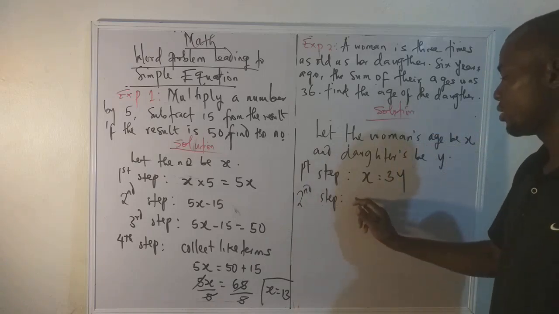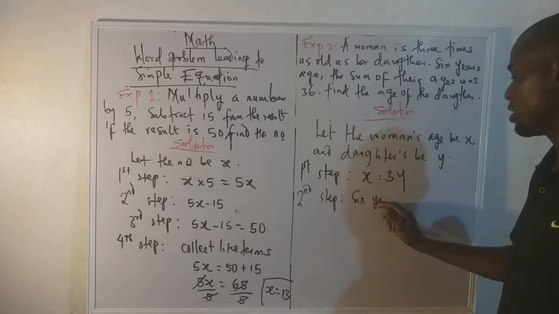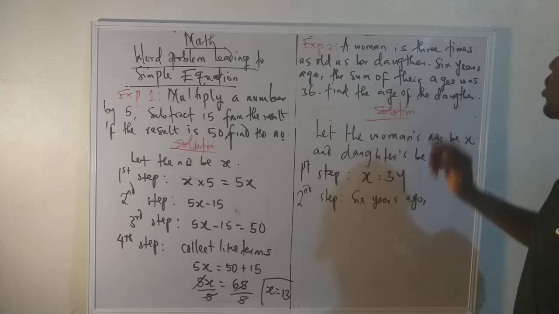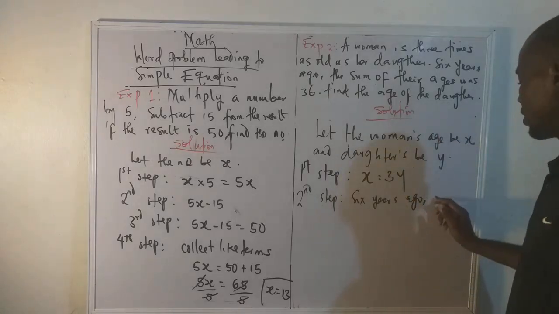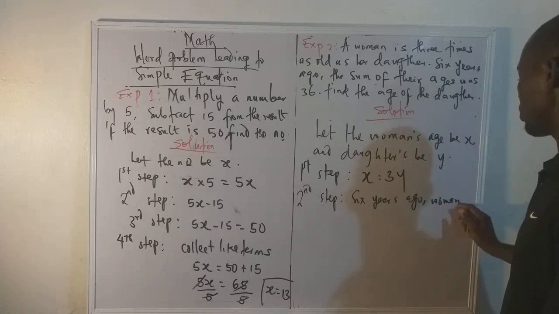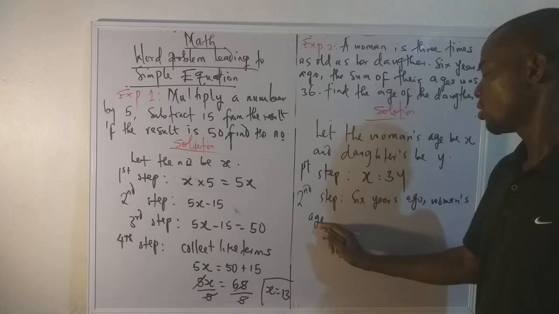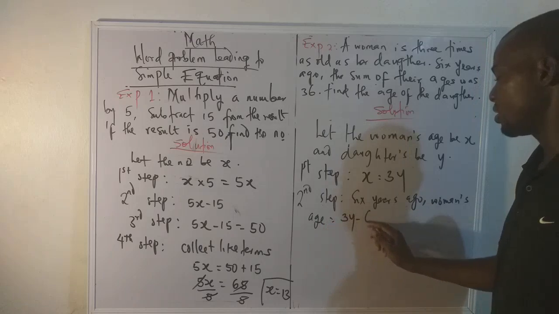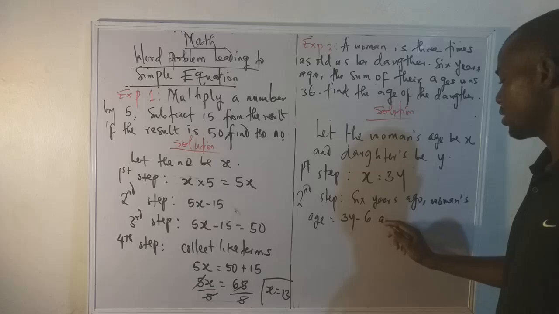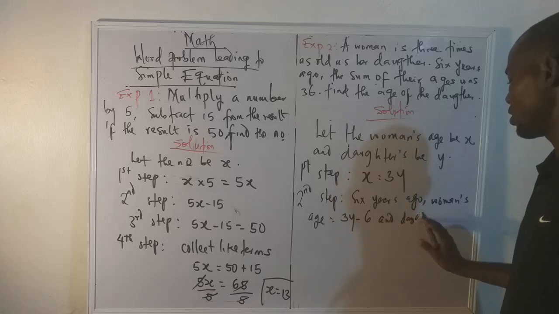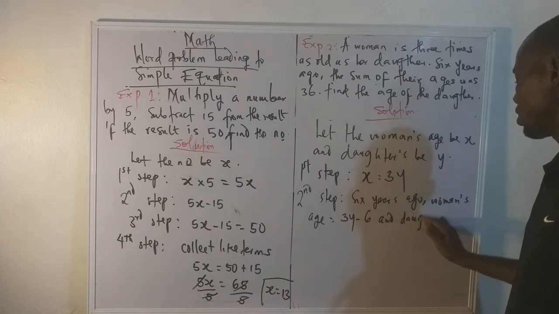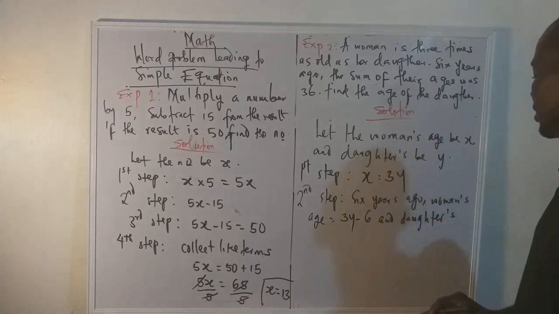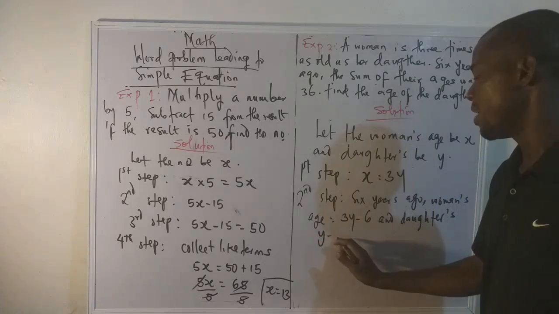So I'm going to say 6 years ago, mother's, woman's age equals to 3y minus 6, and daughter's age is y minus 6.